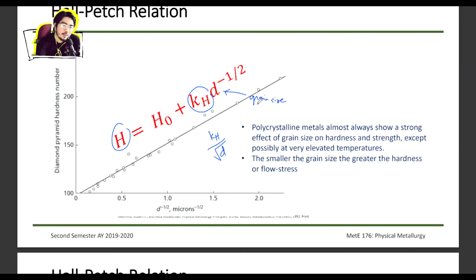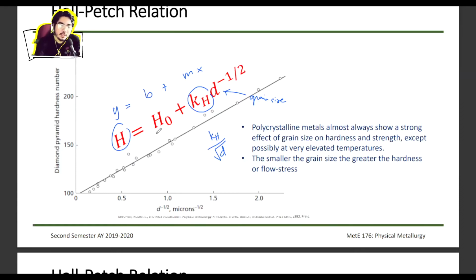So if you have a smaller grain size, then you have a larger mechanical property, in this case hardness, and it actually follows a straight line, a y equals mx plus b type of equation.